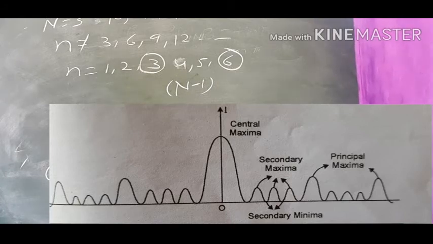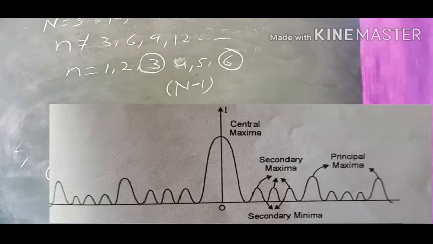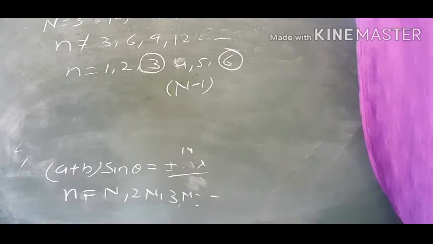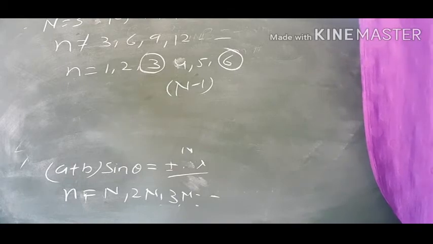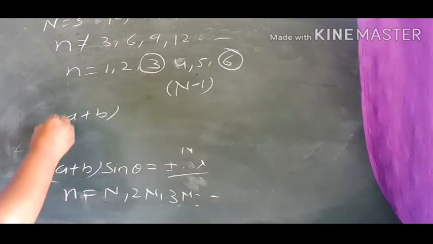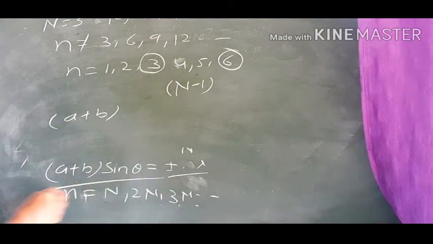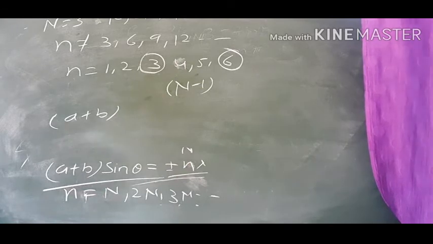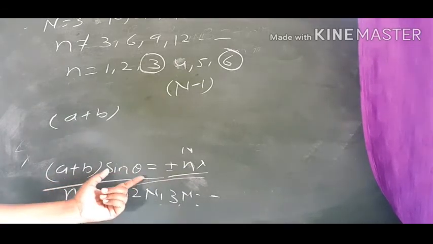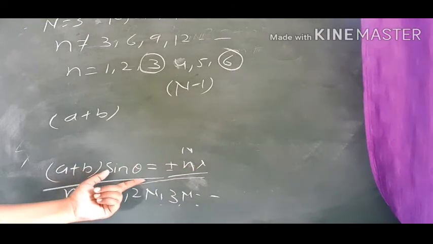Now the absent spectra in diffraction grating. There are also some spectra missing, as in the case of double slit. Again for N parallel slits, the condition for nth order principal maxima is a plus b sin theta equal to n lambda.